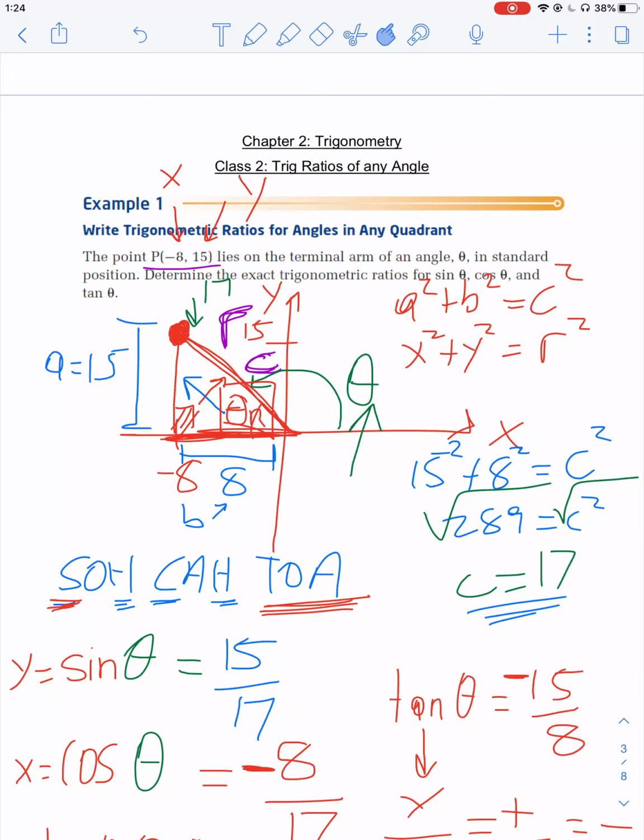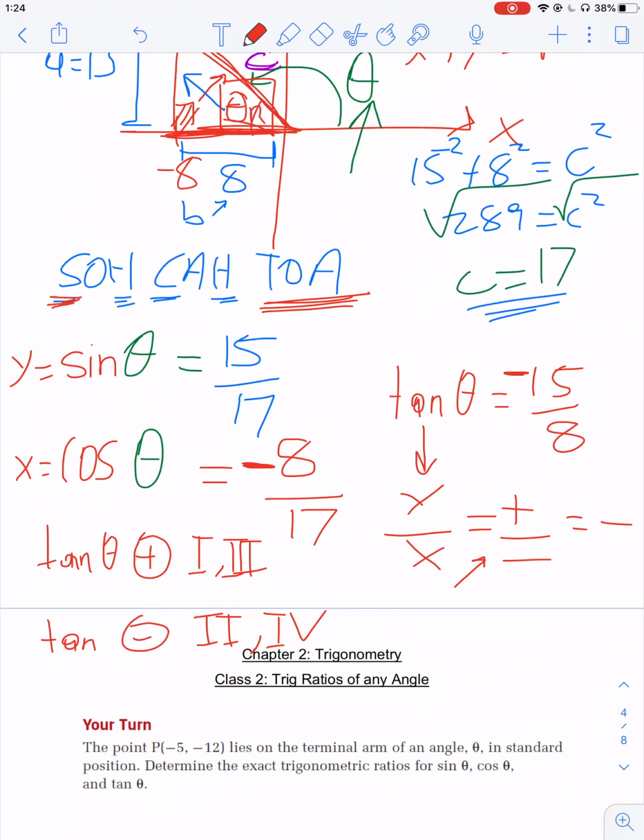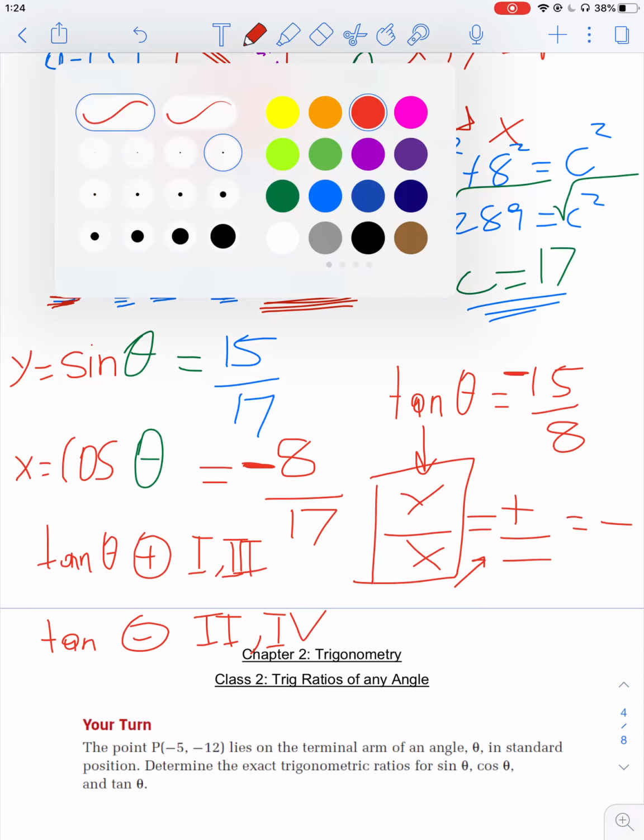So if you like memorizing, then just memorize this fact. I hate memorizing, right? So one way to think about it is to just understand that tan theta is y over x. And if one of the coordinates is negative, then your end result will be negative.